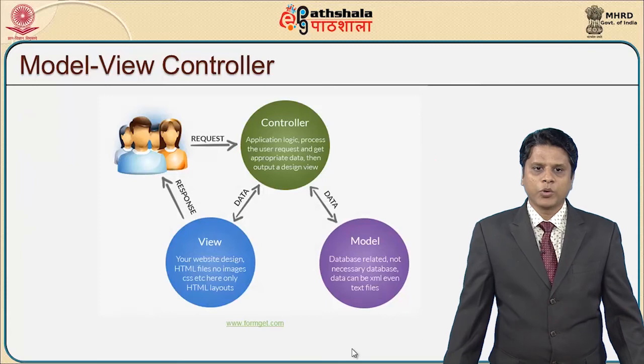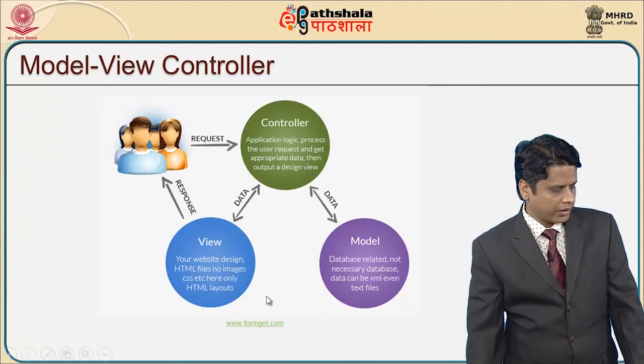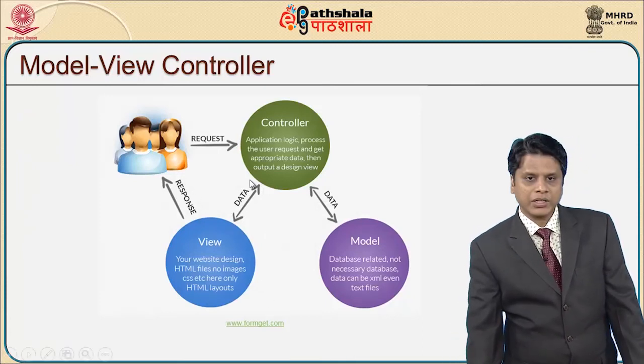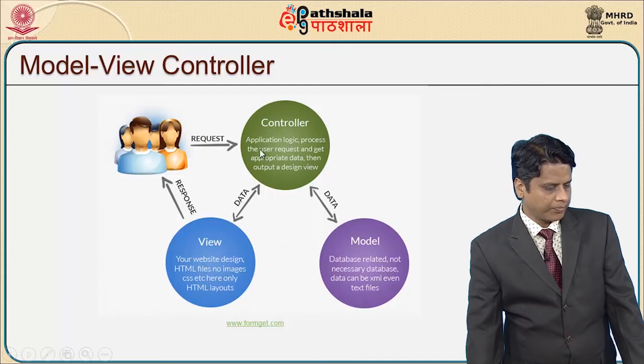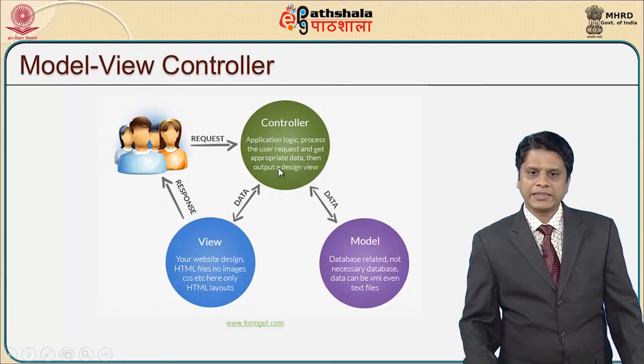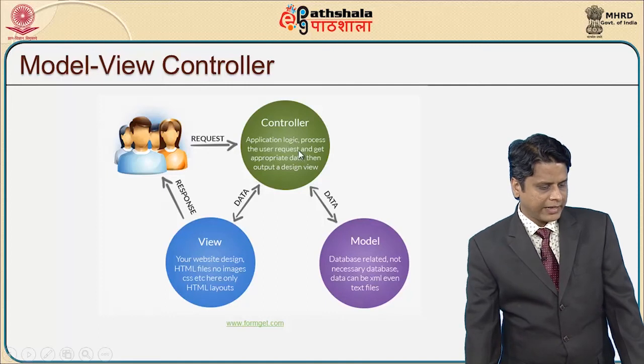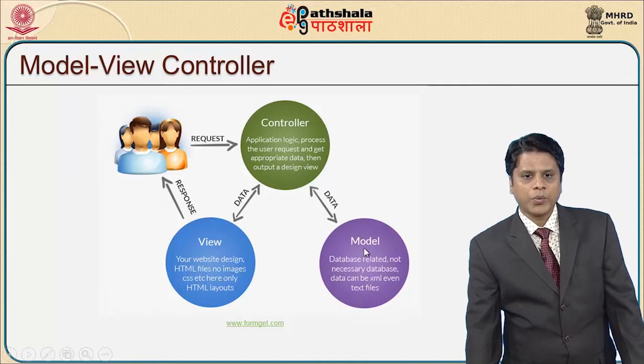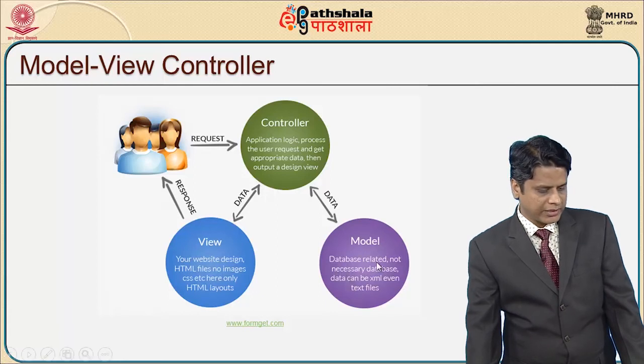So in this model view controller, requests from the user go directly to the controller, which has its application logic, processes the user request and gets appropriate data, then outputs to the design view. And it has a model where all the data related items are stored. So it is database related, though not necessarily a database; data can be XML, even text files stored at this location.